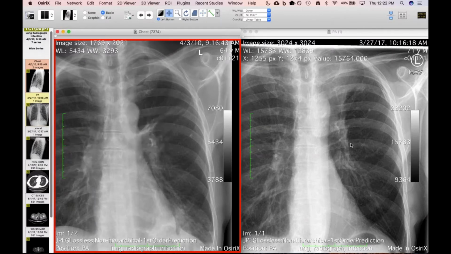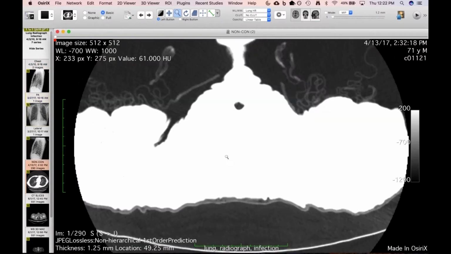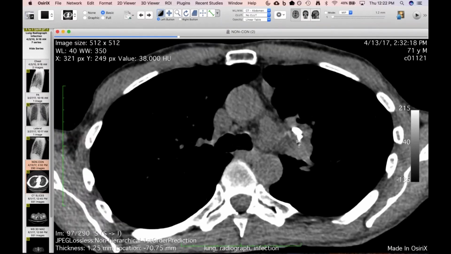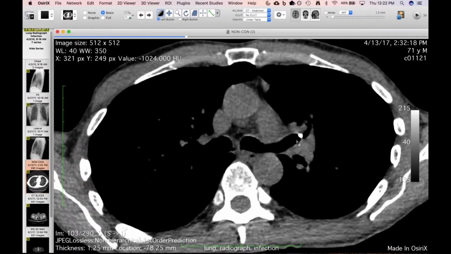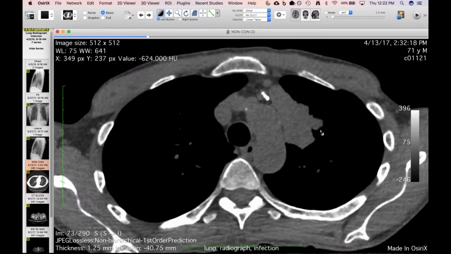The one thing I'll point you to is the calcification that's in the left hilum from this granulomatous disease. And when you see the CT, everybody probably knows what they're going to see here, but there's a huge broncholith obstructing his left upper lobe bronchus. And this was interpreted as an obstructing lesion, worrisome for cancer, and went to PET.